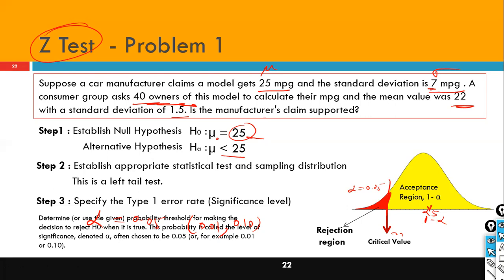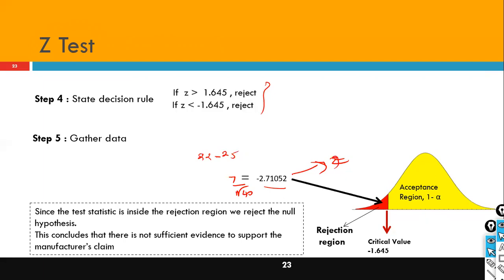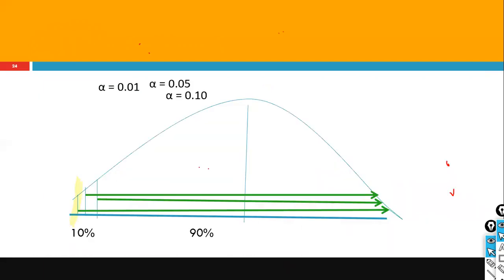When we looked up 0.95 in that Z distribution table, horizontally and vertically, we could see 1.645. And as per the formula, we are getting the Z value as -2. Since -2 is less than the critical value -1.645, it is falling in the rejection region. Hence, we are going to reject the null hypothesis, and we conclude that we don't have sufficient evidence to support the statement made by the manufacturer.